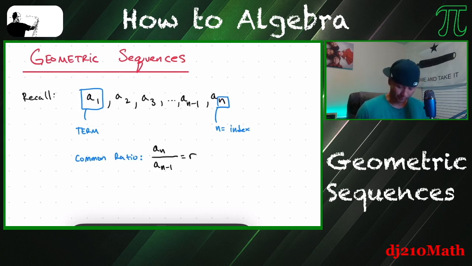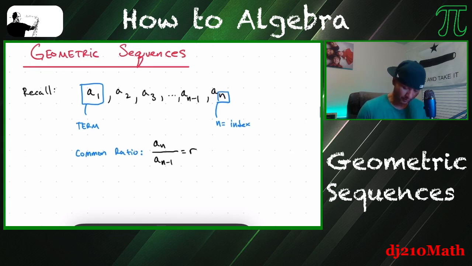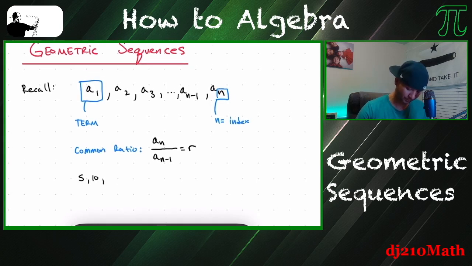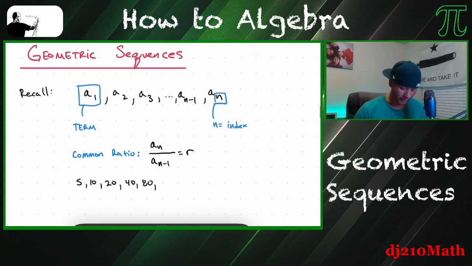Okay, so if we have an example, here we have a sequence, and actually, this is better. That was an arithmetic series. All right, so here's a geometric sequence. We notice that it's a list of numbers.